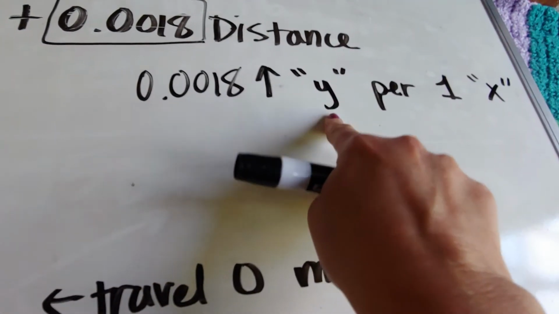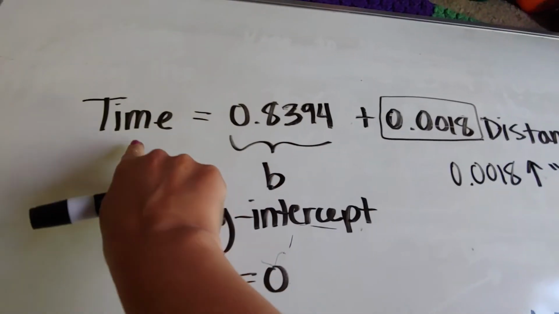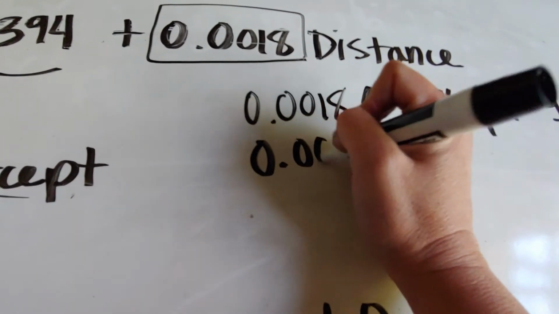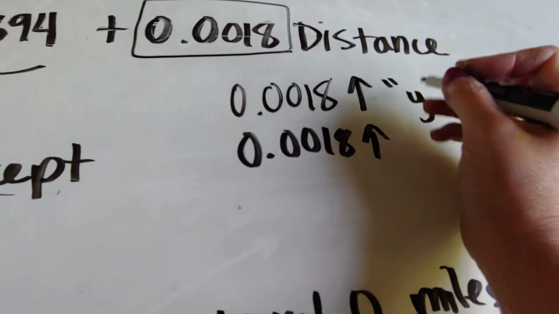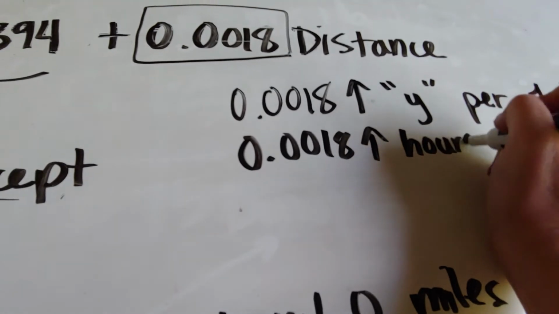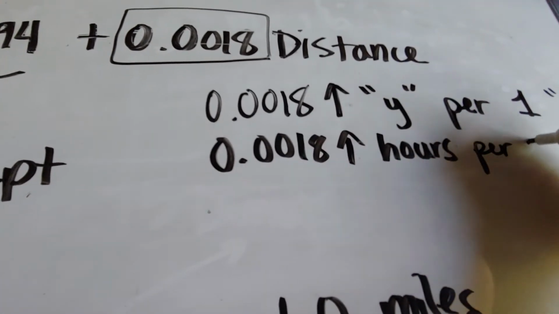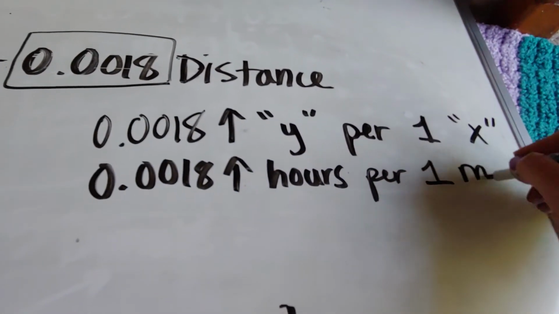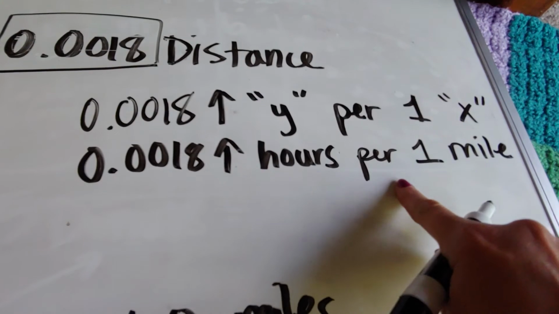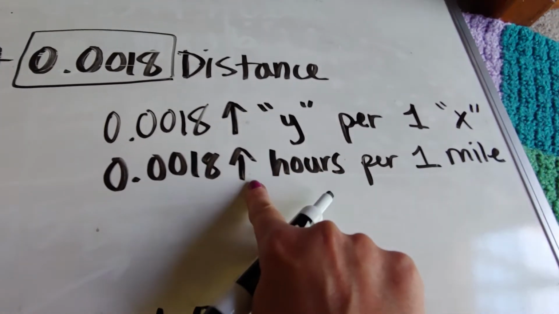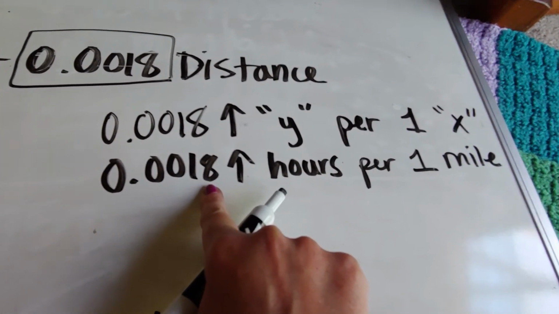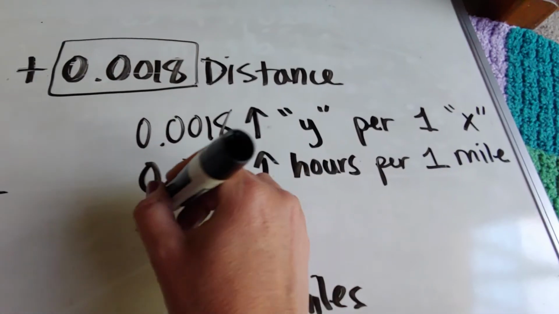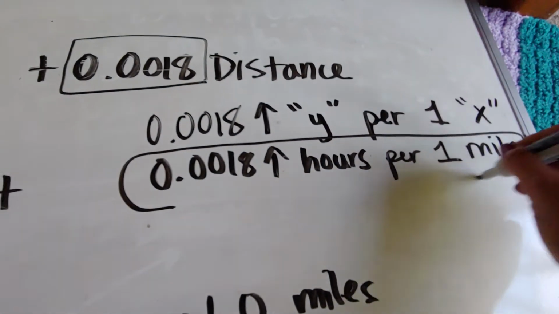So y is time in hours, and the slope is representing that I'm increasing this much in hours per every 1 of x, and the x value is distance, which is measured in miles. So every time my flight goes up a mile, my time is increasing by this much. Or as my time increases this much, I'm traveling another mile. So that's what the slope means in context for this problem.